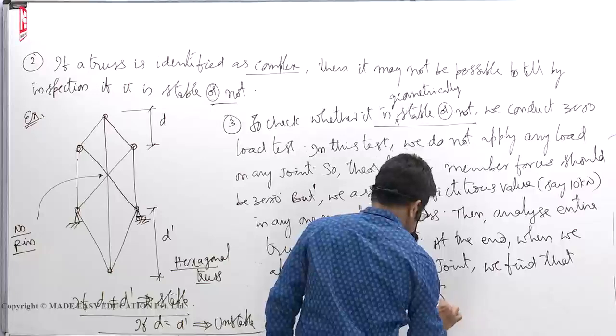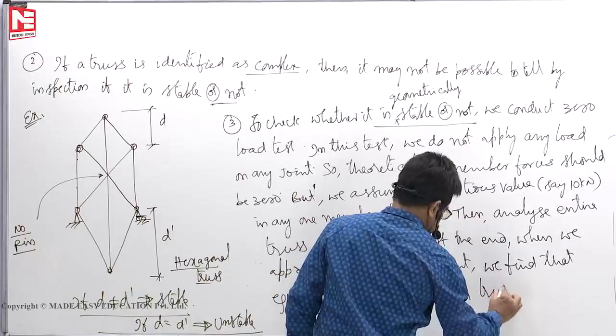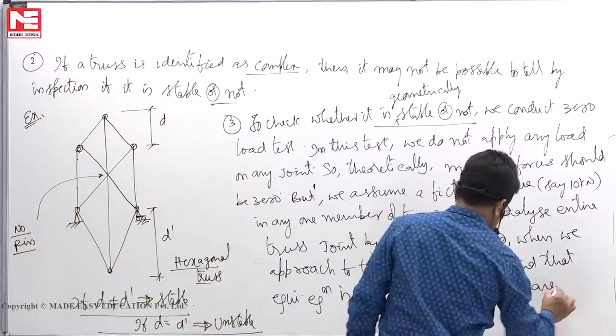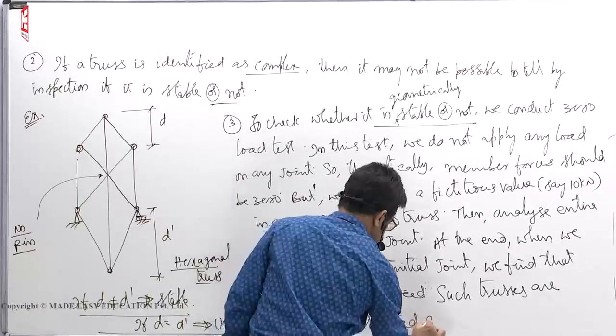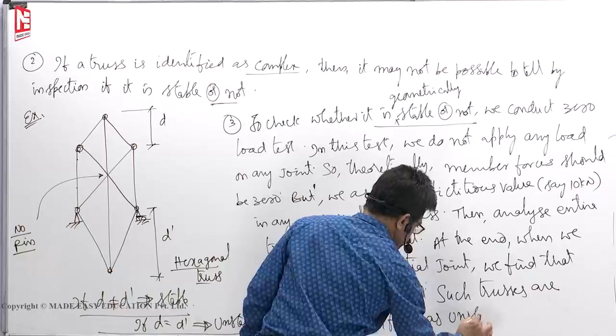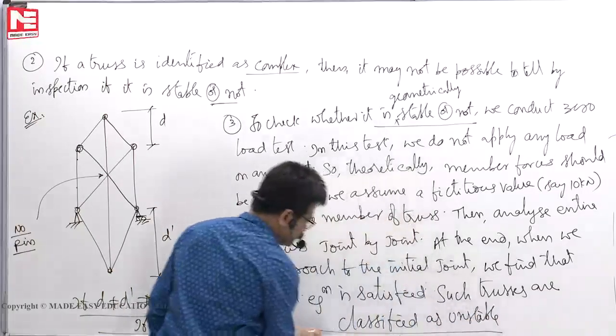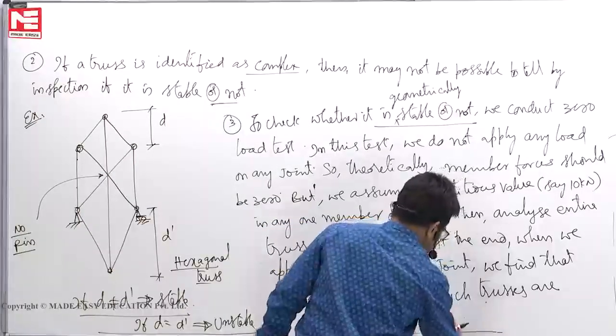Such trusses are classified as unstable. Are classified as geometrically unstable.